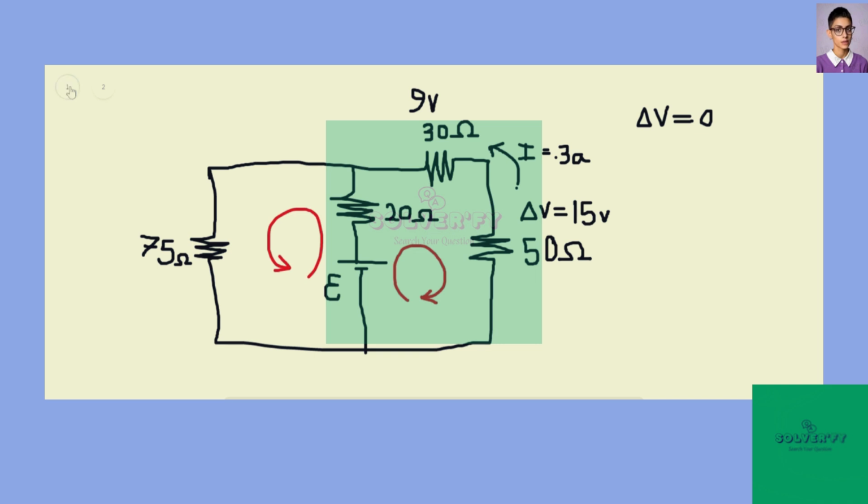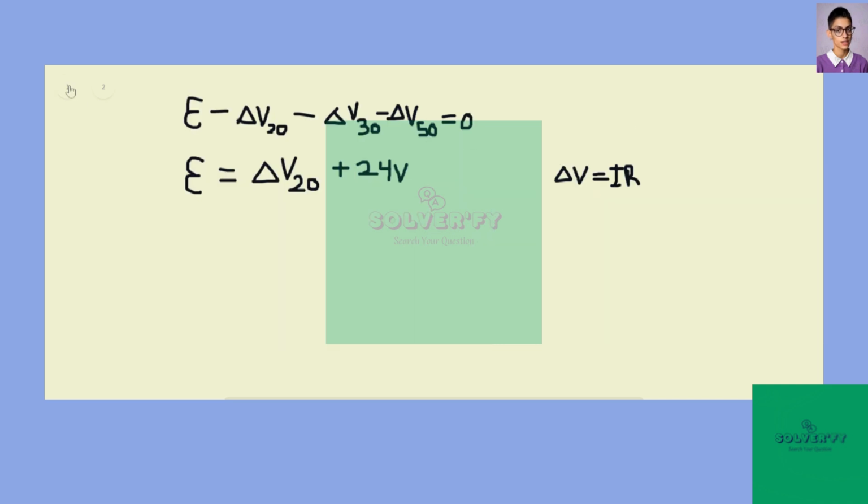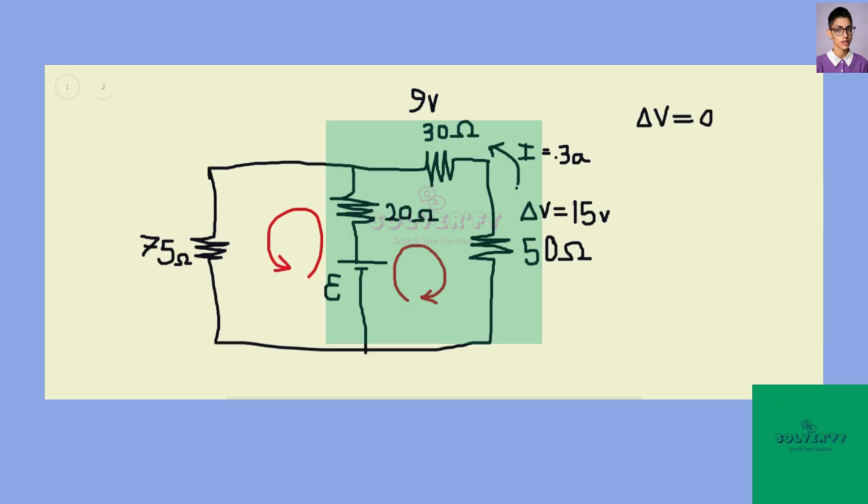But we need to know the current. So let's go back to our picture here. And we know the current in the right half. And we know we can find the current in the left half. And then because of Kirchhoff's first law, those two currents are going to combine at this juncture, and they're both going to pass through this 20 ohm resistor.